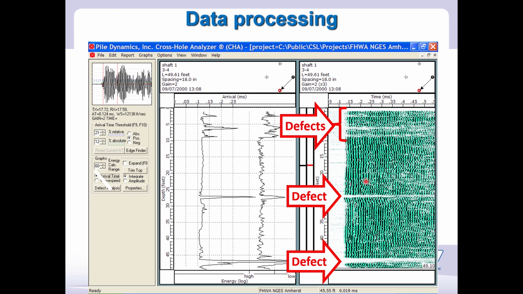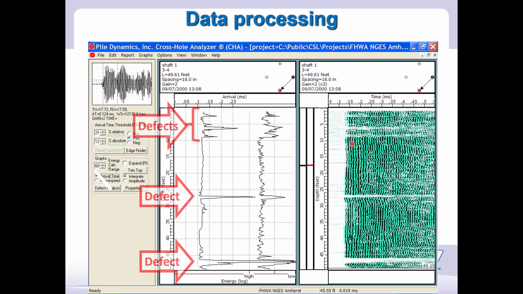So if we take a look at the waterfall diagram, we can spot defects by these white spaces, which are relatively obvious. In the processed result, we can spot them by the delay in the signal. This is the arrival time, and we see the arrival time has been delayed at those locations.